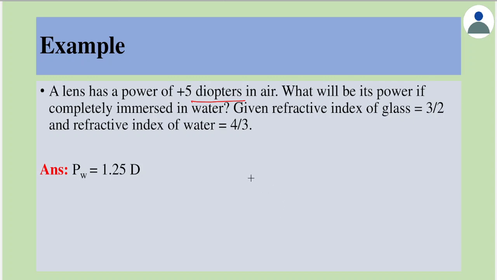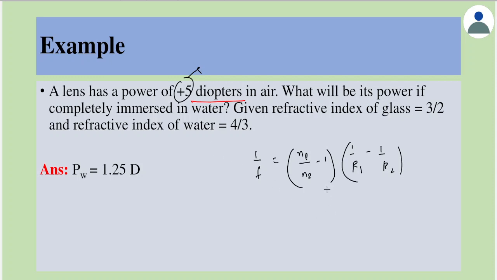So let's recall the equation which connects power with the surrounding refractive indices, and that would be the lens maker's formula, which says 1 by F is equal to N for lens by N for surrounding minus 1 into 1 by R1 minus 1 by R2. Recall that for a convex lens the power is plus 5. Plus 5 means the focal length is positive, and you have seen that focal length is positive for a convex lens.